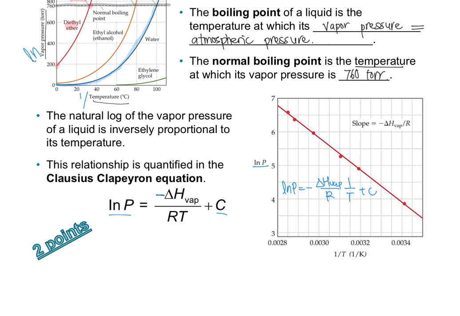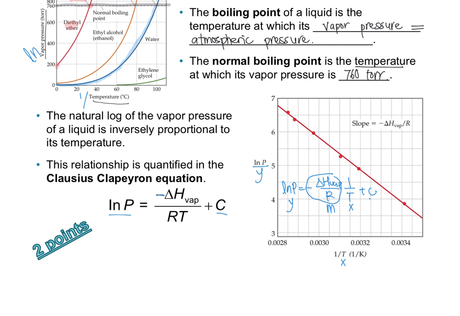Because then you can kind of see this is your y-axis here, this is your x-axis here, and the slope is equal to negative enthalpy of vaporization over R, and then C is the intercept, and C is a variable we don't really worry about.